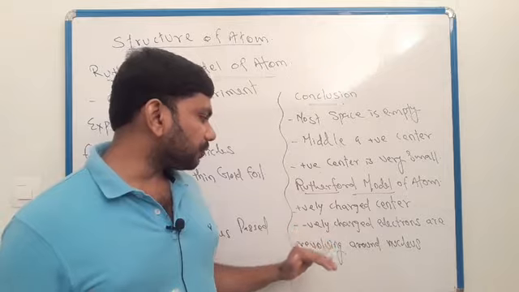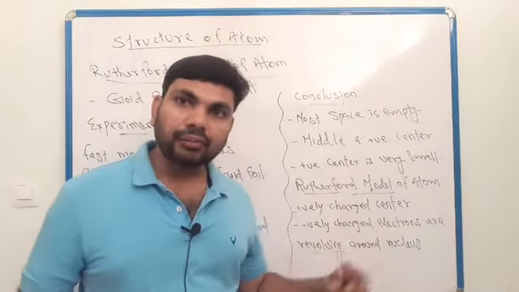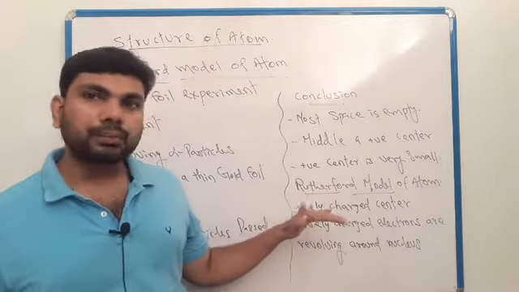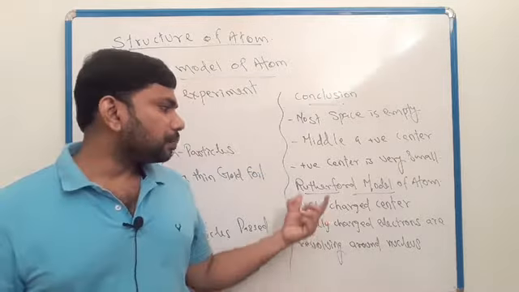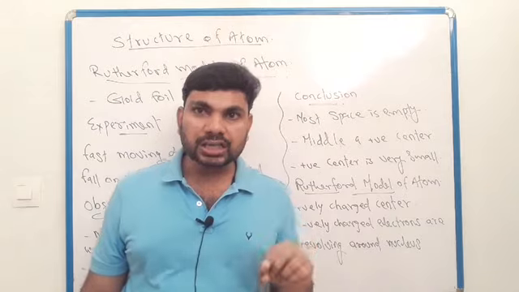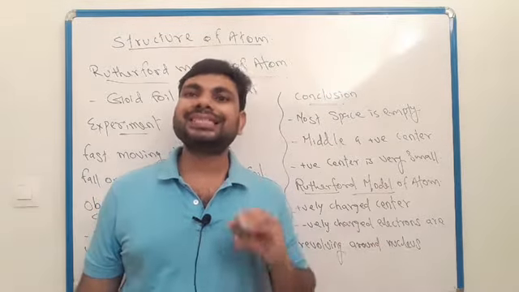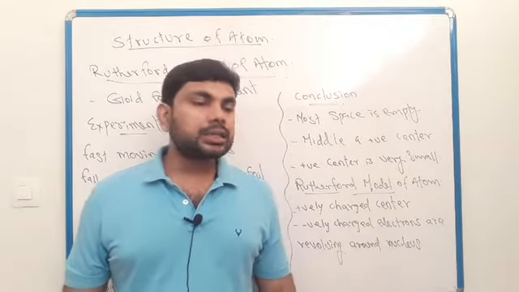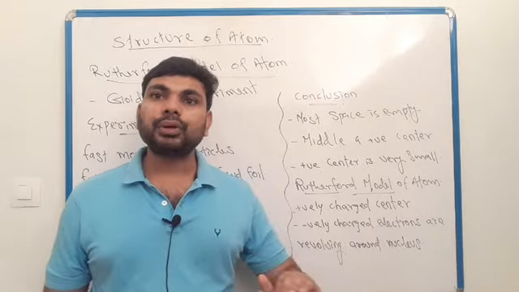Also, according to the Rutherford model, negatively charged electrons are revolving around the positively charged nucleus. This is the Rutherford model of atom. Clear? The Rutherford model of atom is also called the planetary model of atom.